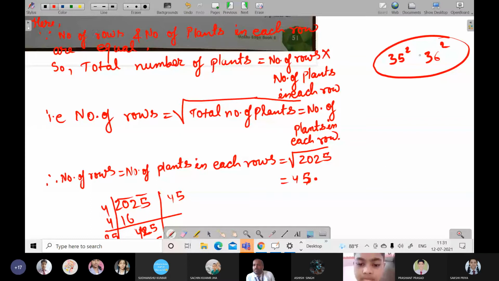The formula is 2n. What is the formula to calculate the number of non-square numbers between any two consecutive square numbers? It is 2n.